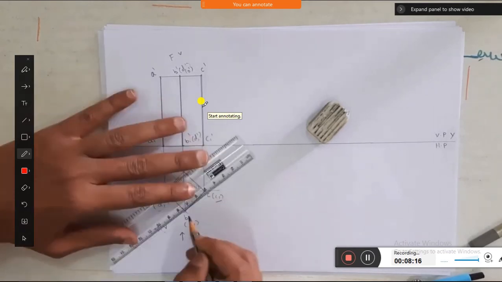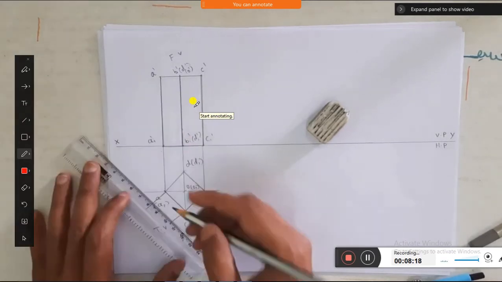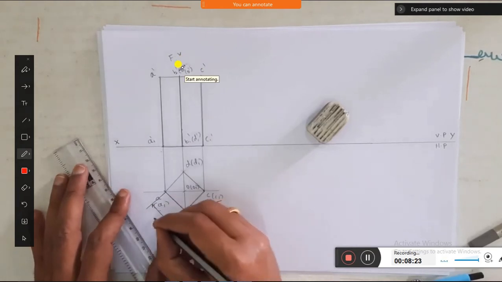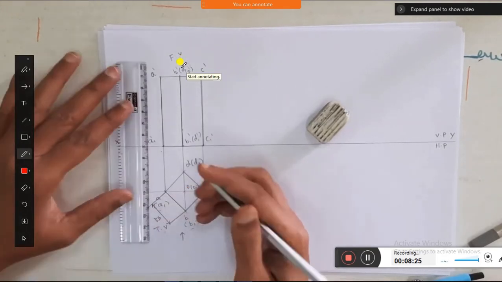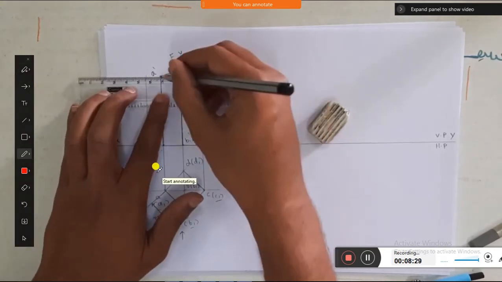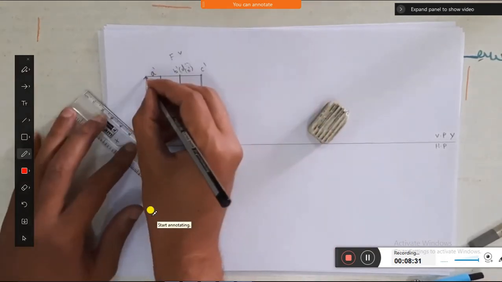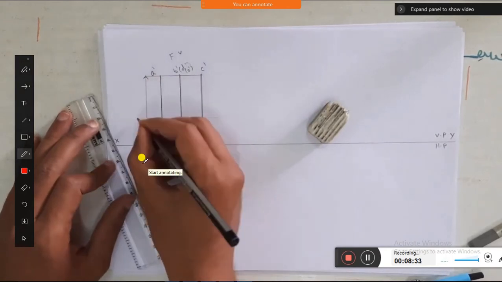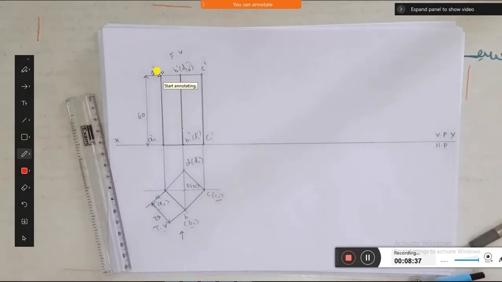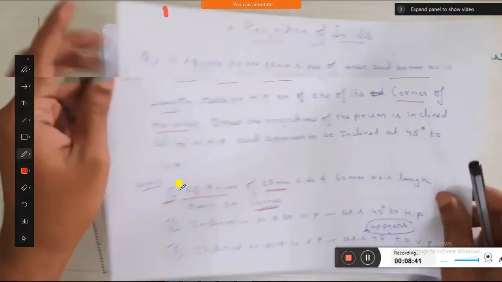So the first one visible is B, that's why B is highlighted, and D and O are not highlighted because they are invisible, that's why they are represented in brackets, and it is of 60 mm and this edge is 25 mm. So if you write this much you will get 1/3 of the marks, meaning the first position is correct. Up to this it's the first position.